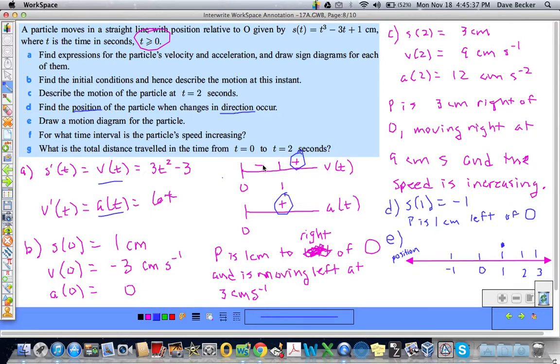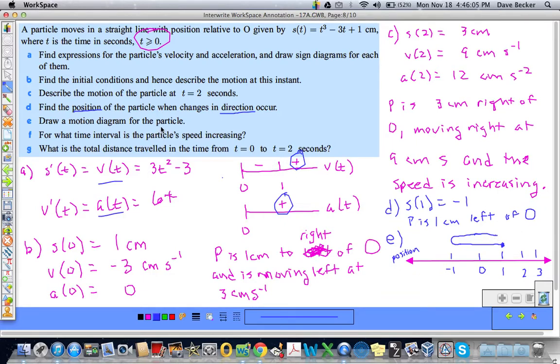Well, it was moving to the left because of our velocity function. So we're going to start going this way. Then what happened at 1? Well, at 1 it changed direction. And the way we do the motion diagram is we just have it reverse direction. And then it continued this way forever.